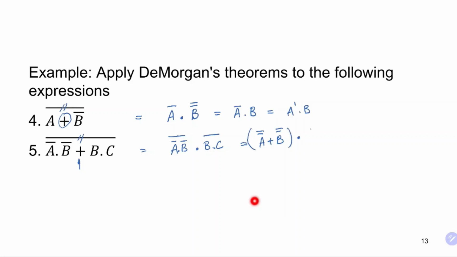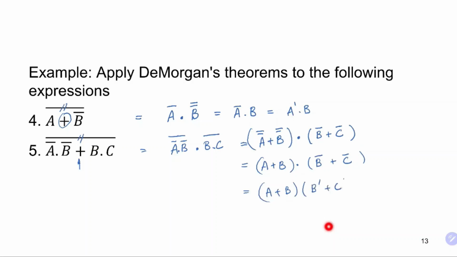And so this will be A or B, and with B bar or C bar. That's the solution to this.